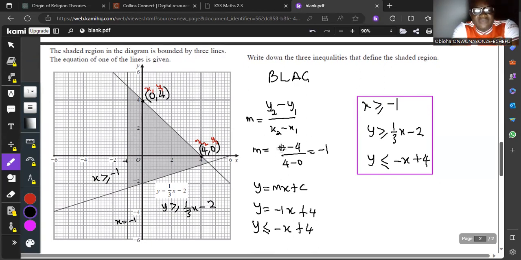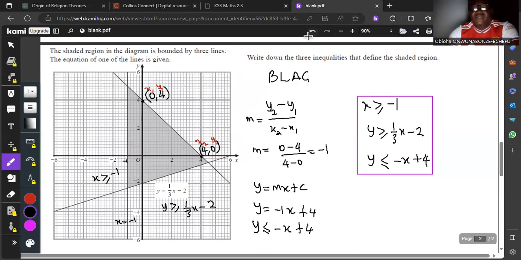All right, and the given region is usually shaded. So BLAG works with a region that is shaded, while in LAGB you shade the unrequired region.